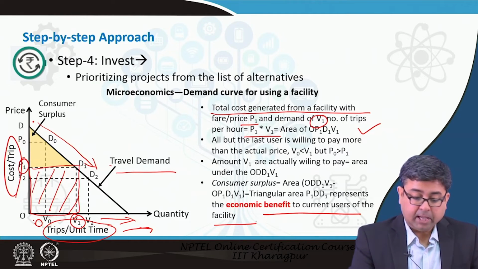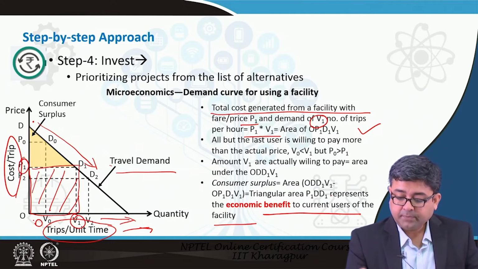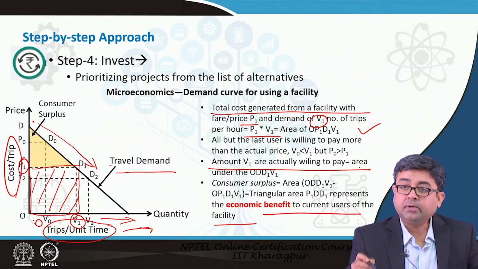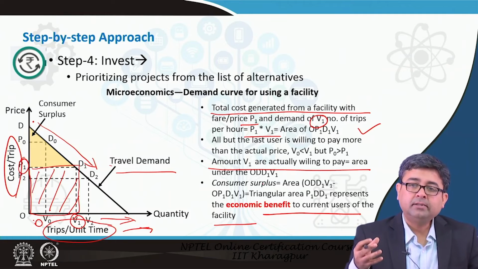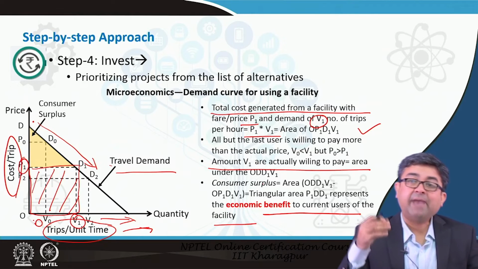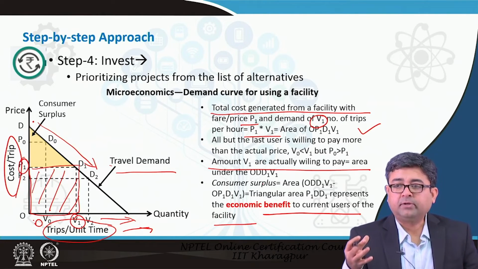Whereas, you can also find out how many people are actually willing to pay for this service. Some people may not be willing to pay. Willingness to pay means some people pay out of compulsion, whereas some people are happily willing to pay for this service.